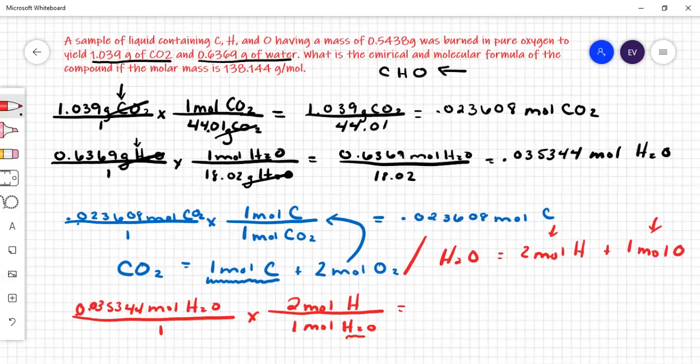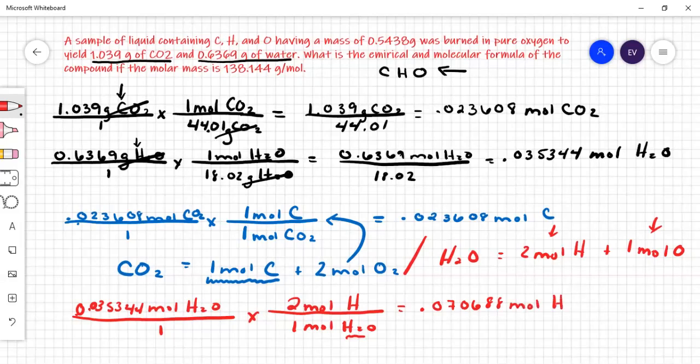See, this is where I made the mistake earlier. 0.03544 times 2 is going to give me 0.07068 moles of hydrogen.